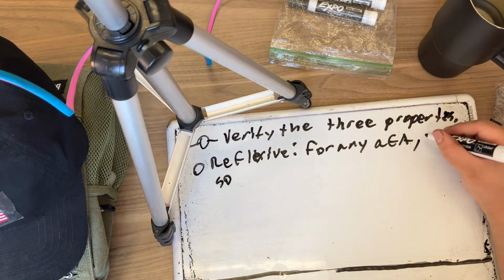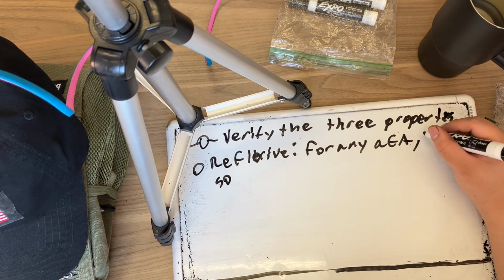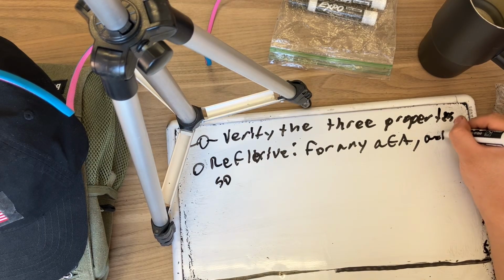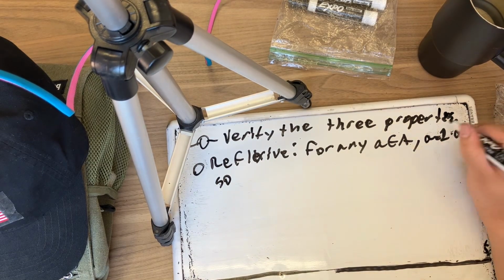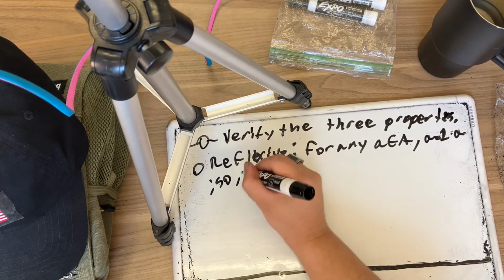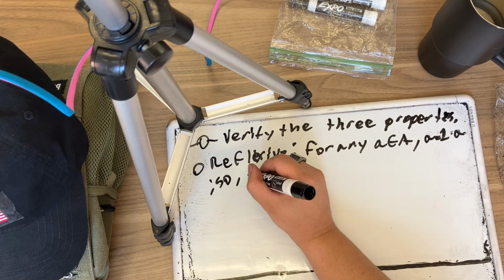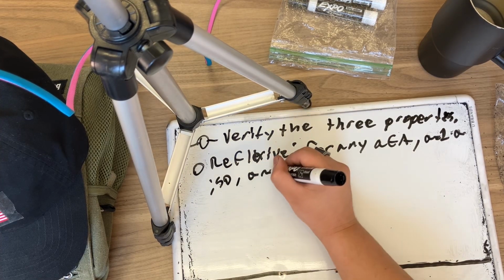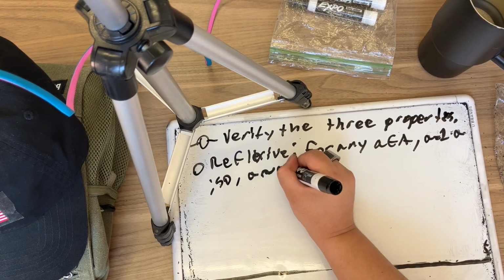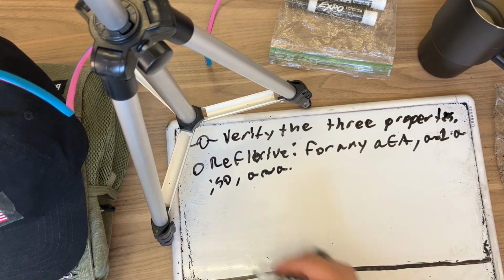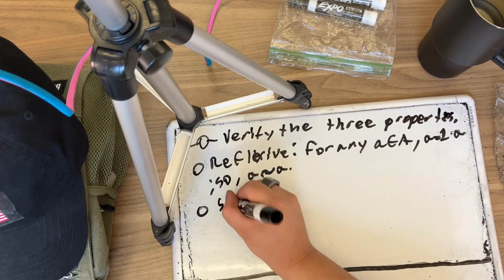For any little a within big A, a is equal to 1 dot a, okay? So we have a tilde a, so it's reflexive. Fair enough. Okay, how about symmetric?